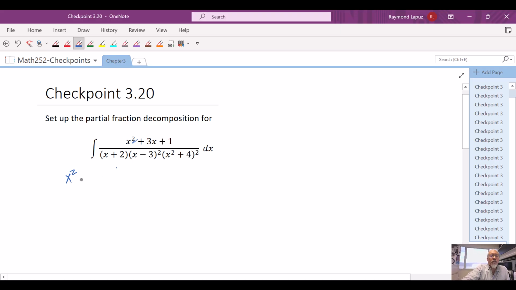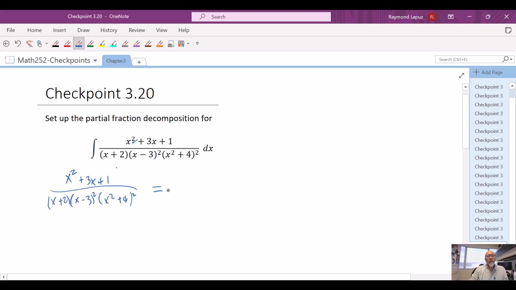Let's rewrite the original fraction: x squared plus 3x plus 1, divided by x plus 2, x minus 3 quantity squared, and then x squared plus 4 quantity squared.